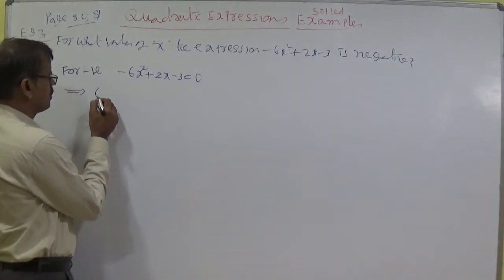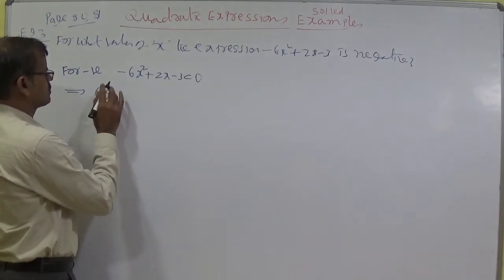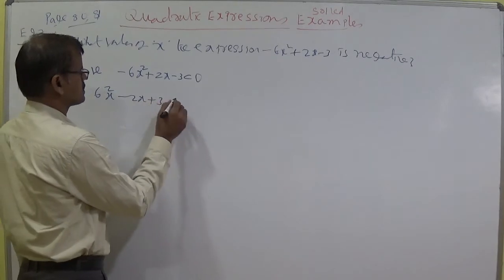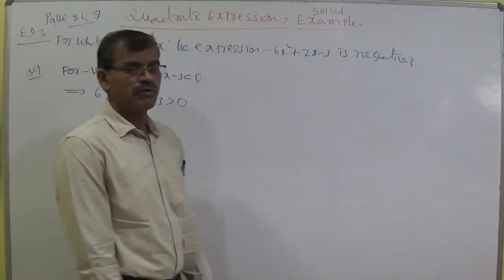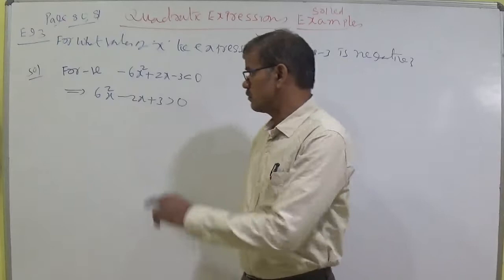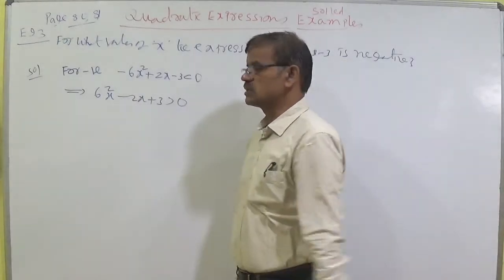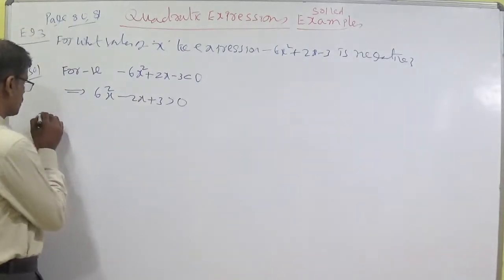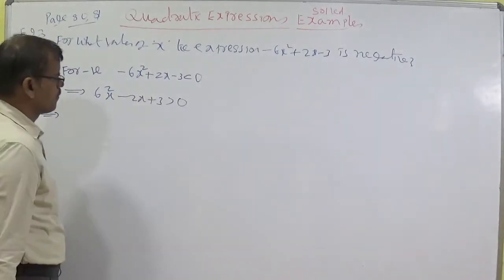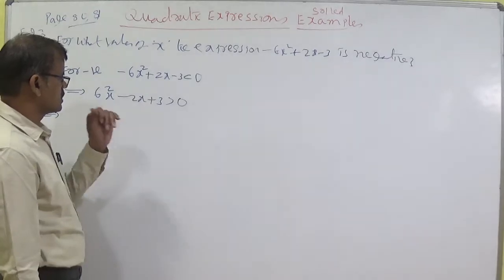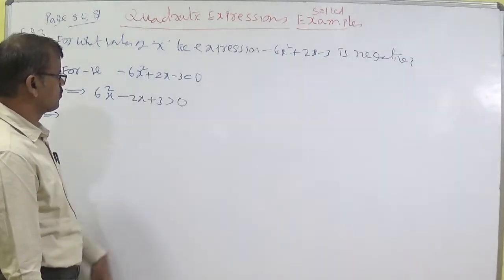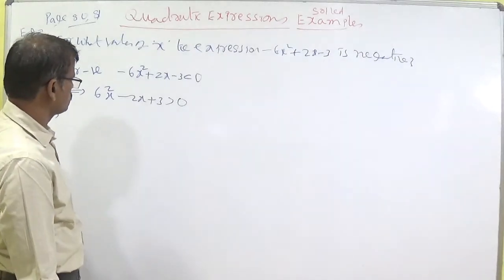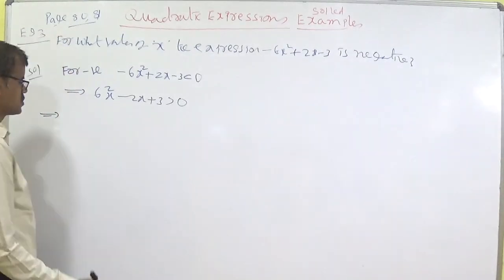Multiply with minus on both sides, it becomes 6x square minus 2x plus 3 greater than 0. Whenever you multiply with minus on both sides, the symbol changes: less than becomes greater than. 6 threes are 18. We cannot convert into factors, as there is no factor pair to get the middle term as 2.